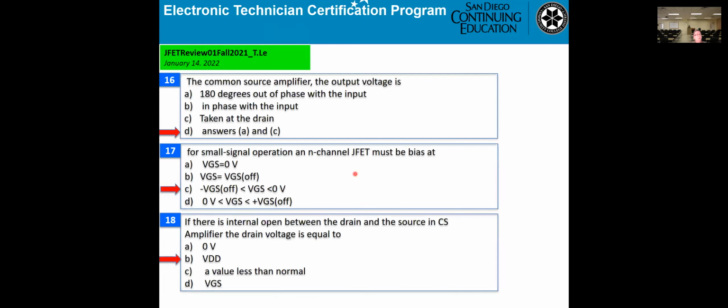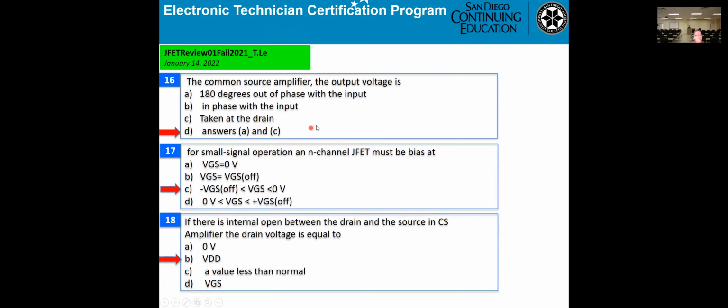Sixteen, common source amplifier. The output voltage, the first thing, will be 180 degrees out of phase. And the second thing is taking output from the drain.